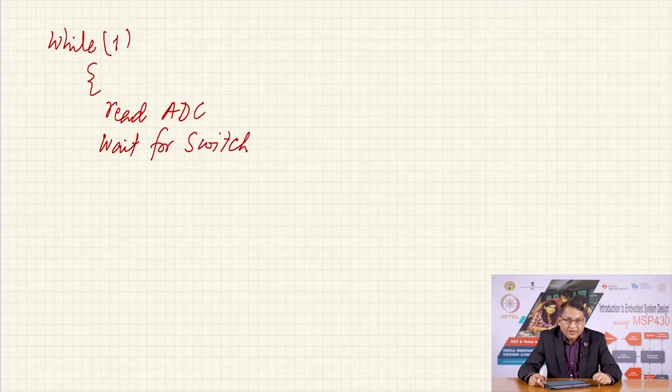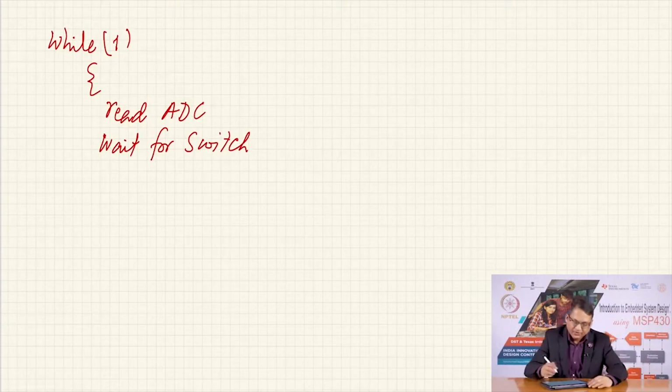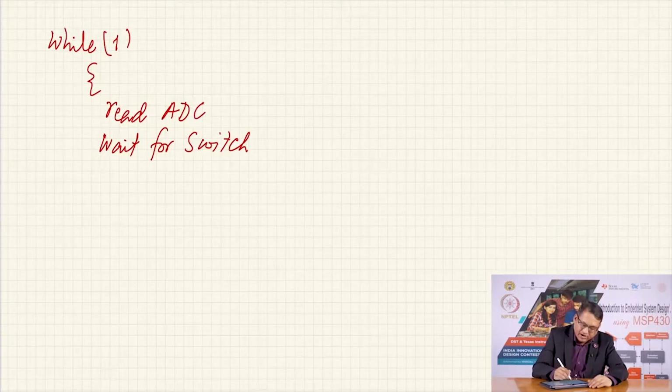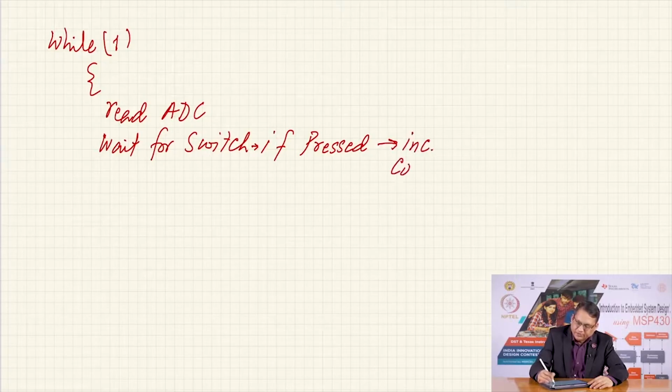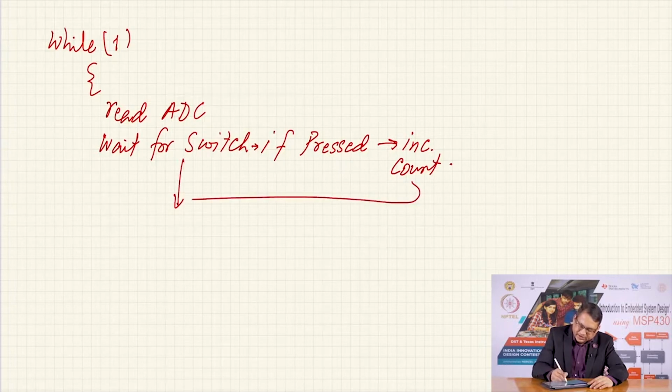If the switch is not pressed, of course, you still have to display whatever the last value of the count, and therefore, you can say all right, nobody has pressed the switch. If the switch is pressed, wait for it to be released and then increment count. If it is not pressed, you come here directly. If it is pressed, then you come after it is incremented.